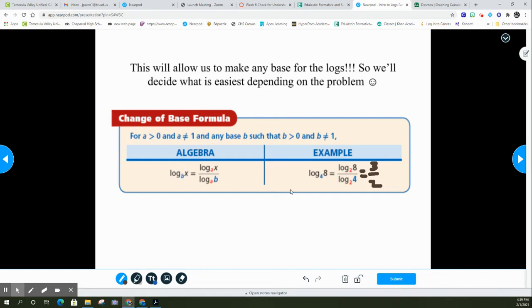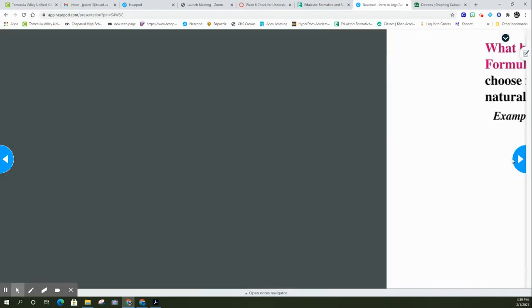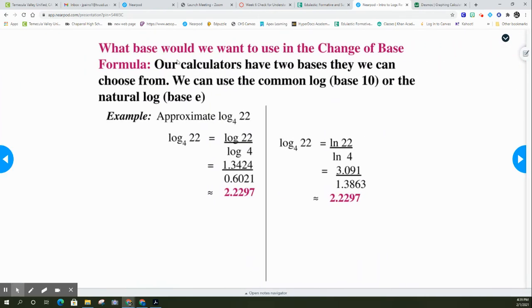And we could use any base. We don't have to use base 2. We can make it any base that we want. So we could rewrite any log, something that we don't know off the top of our head, unlike all the ones we've done yesterday and in the warm-up today, and change it to a base. Doesn't mean we're going to be able to change both numbers to a base that we always know, but there is a base that our calculator does know.